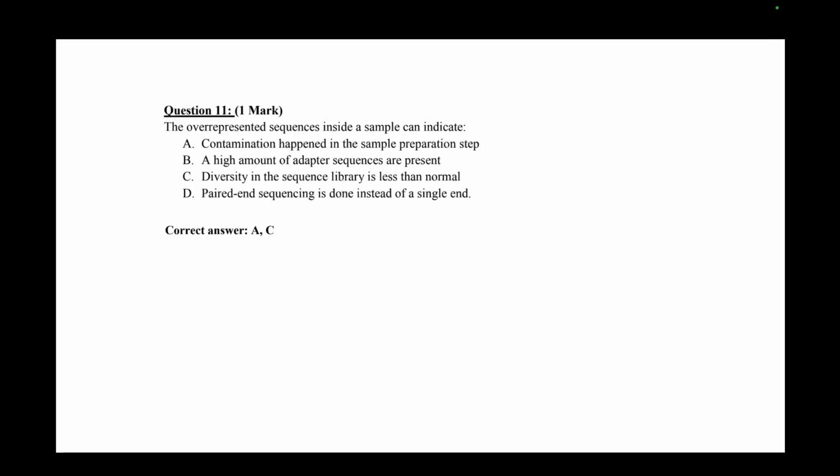So in your sample you'll see that particular read coming up a lot more, but it's not actually part of your genome. So contamination can also lead to overrepresented sequences, as in the first QC as we saw. So both are the reason. Contamination can also lead to overrepresentation and also diversity. If it is less than normal, then obviously it is intuitive that certain sequences will be overrepresented.